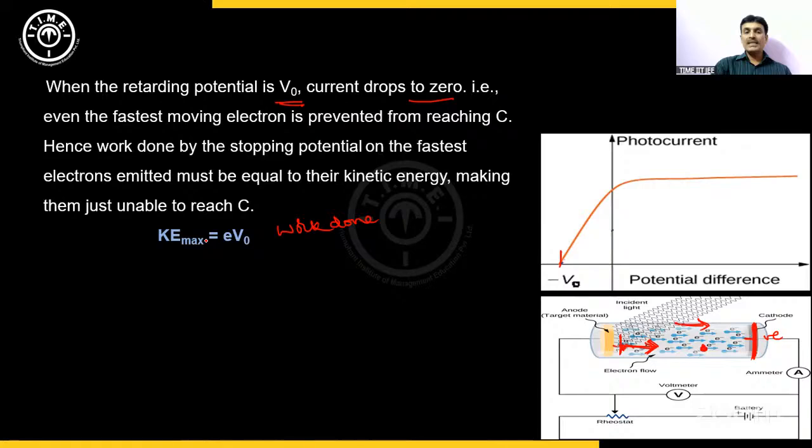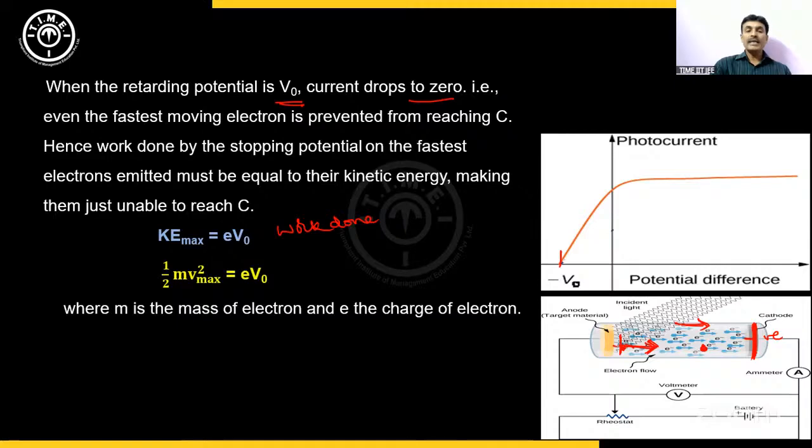What is kinetic energy? It's half mv squared. Ke max means half m v max squared, which becomes equal to eV0. From this, you can take the maximum velocity v max as the square root of 2eV0 by m.